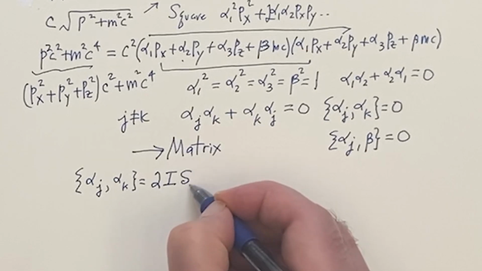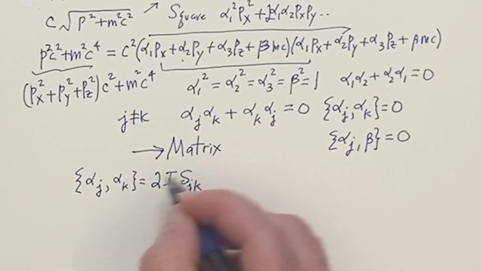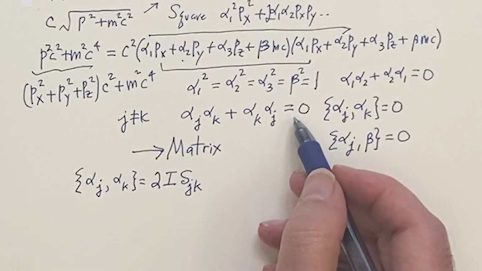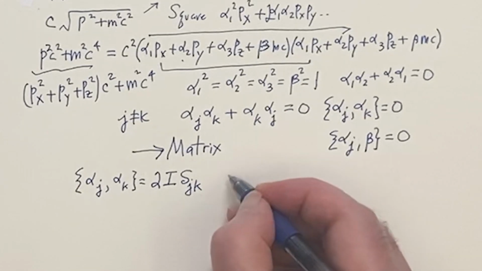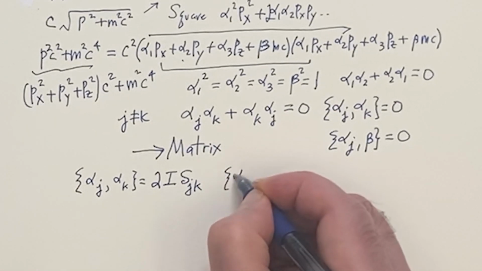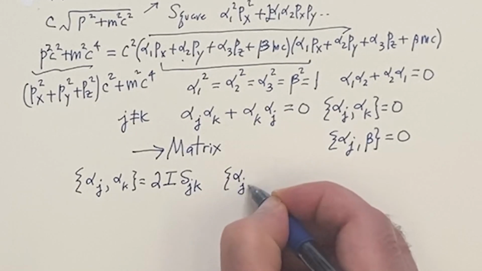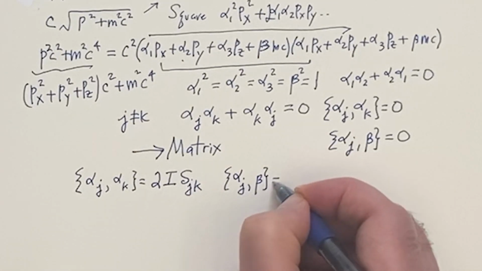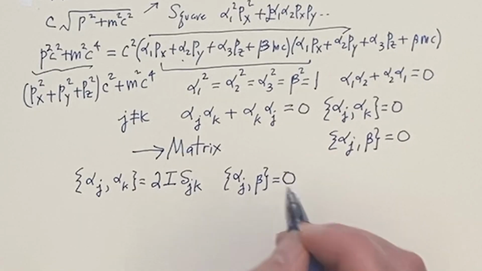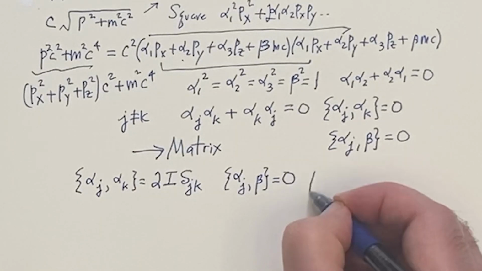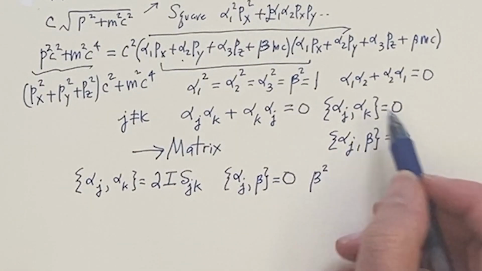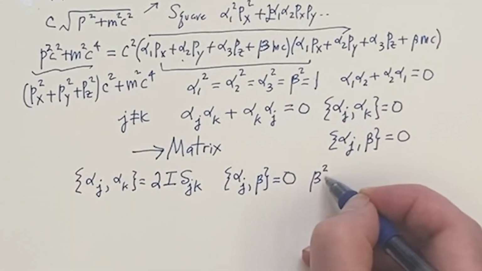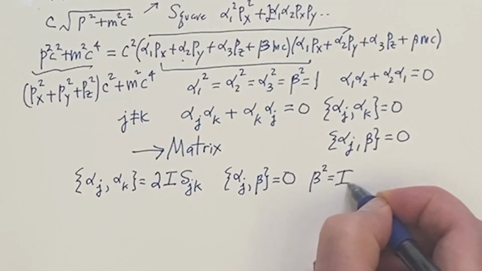And then the delta jk, so when they're not the same, you get the zeros. So that needs to be the case. And then here, if you look at the alphas with the beta, the anti-commutator has to be 0. And then if you take beta squared, you need to get 1, or the identity matrix.